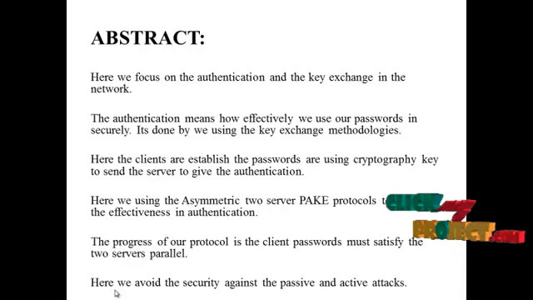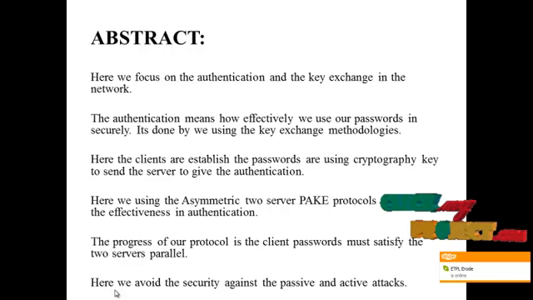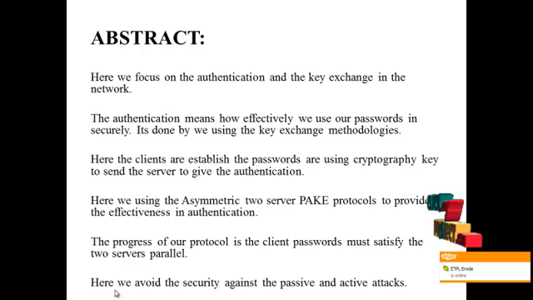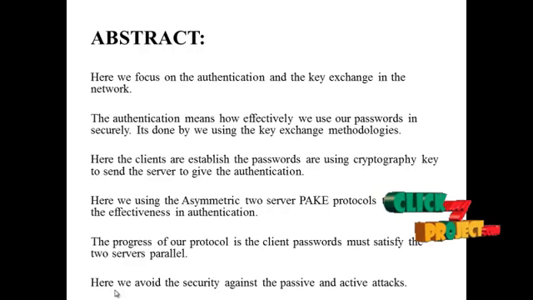Here we use an asymmetric two-server password protocol to provide effective authentication. The progress of our protocol is that the client password must satisfy the two servers in parallel. Here we avoid security threats from passive and active attacks.